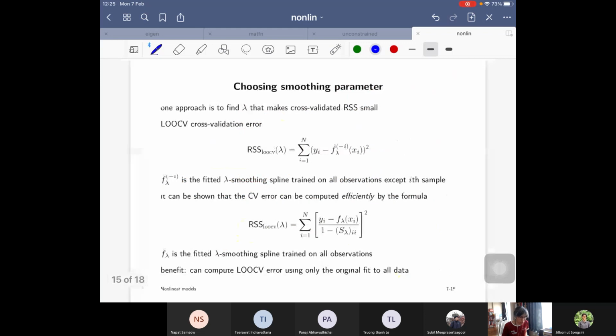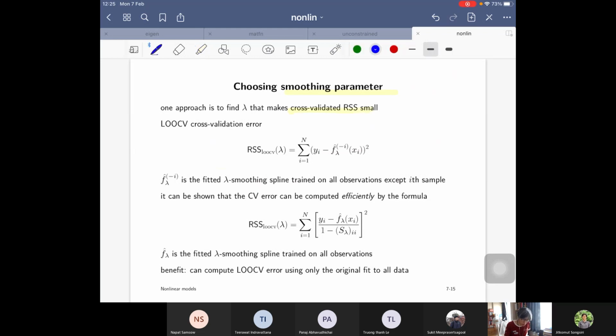You already know how to do model selection with a model selection score, and how to do it with the cross-validation approach. When choosing the smoothing parameter, we know this parameter plays a role in model flexibility or model complexity. So one approach is, of course, to choose it by cross-validation.